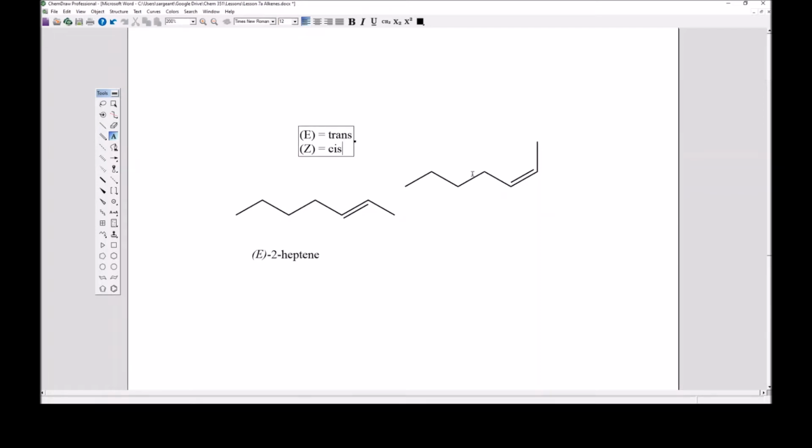I believe that these words are German, and E stands for something like entgegen. My German pronunciation is not in my skill set. And Z is zusammen, which means same, and E would mean opposite. So that's kind of where we use the terms cis and trans, where you can think about trans as opposite sides or changed, and cis as same sides.